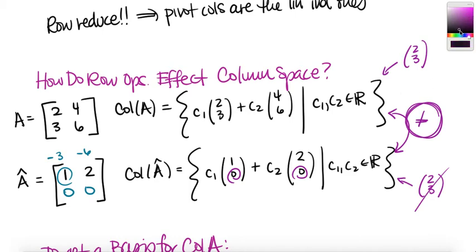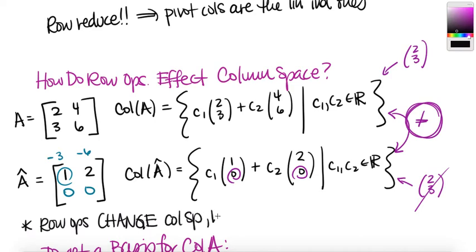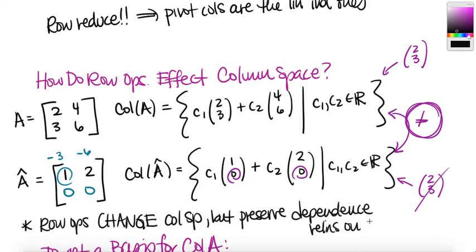So row operations change the column space, but they preserve dependence relations on the columns.